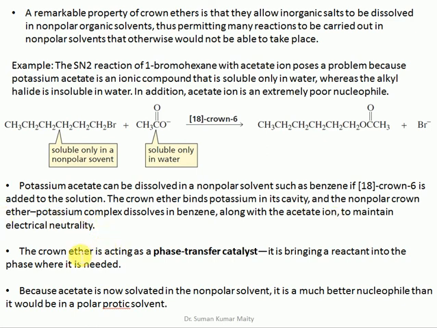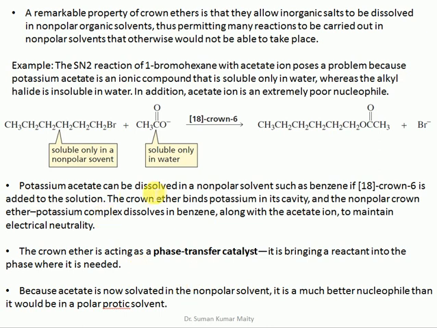Now the crown ether here is acting as a phase transfer catalyst, as you understood. It is bringing the reactant into the phase where it is needed. Clear? Now you see, acetate is a less good nucleophile in aqueous medium because it is highly solvated, but it will be a good nucleophile in the organic phase because in a polar aprotic solvent or a nonpolar solvent, you know the nucleophilicity increases if there is less solvating effect.